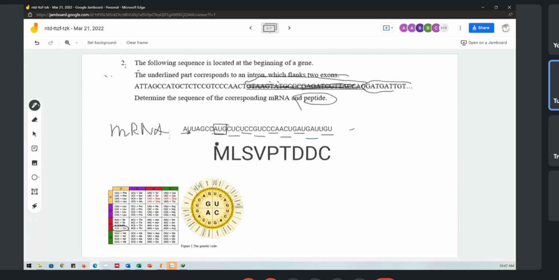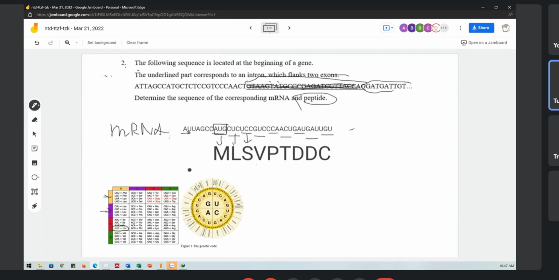So this one, methionine, and CUC, you look at C here and U here, CUC is leucine, and you have L here. Okay, UCU, you go to U and then C and C, you have serine, and you have serine here.